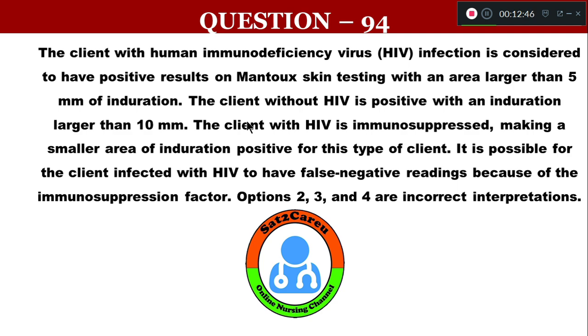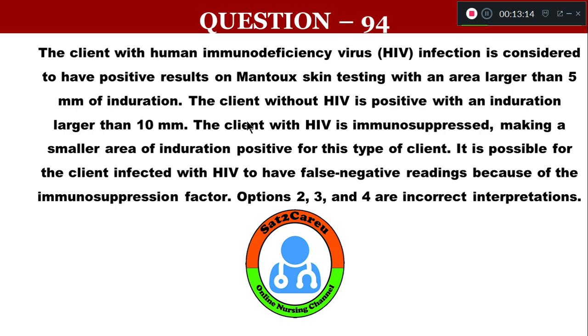with more than 5 mm of induration. The client without HIV has a positive result with an induration larger than 10 mm. The client with HIV is immunosuppressed, making a smaller area of induration positive for this type of client. It is possible for a client infected with HIV to have false negative readings because of the immunosuppressive factor.